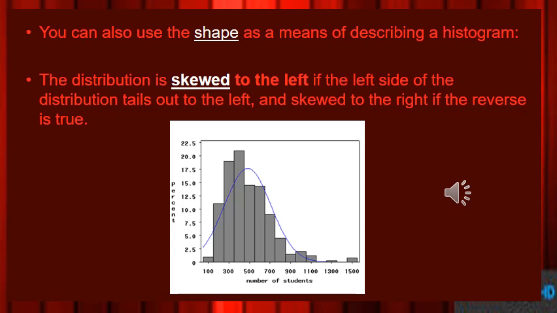But in real life, distributions are not always symmetric. Very often, they're skewed left or skewed right. For example, here you see in this histogram that most individuals are in the classes on the left of the histogram. The histogram tails to the right here, so we say it is skewed right.